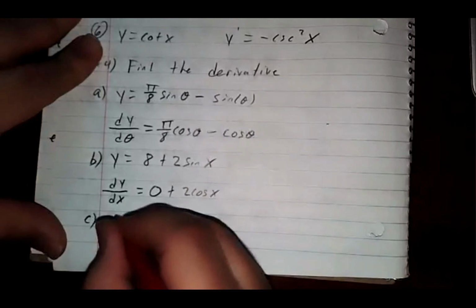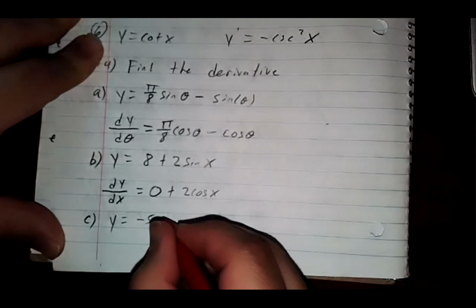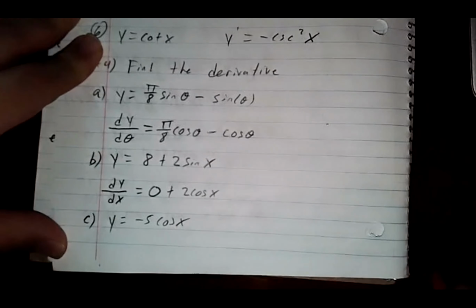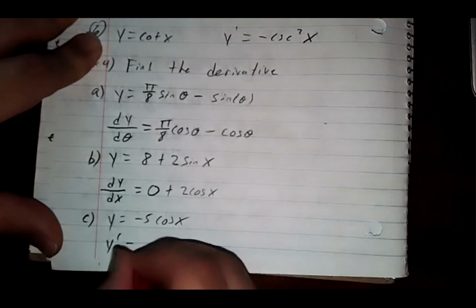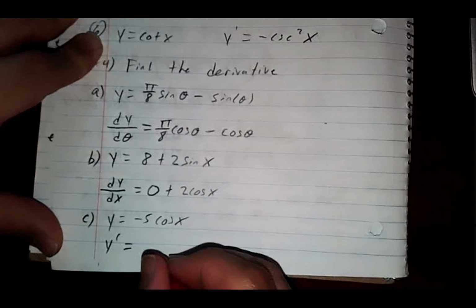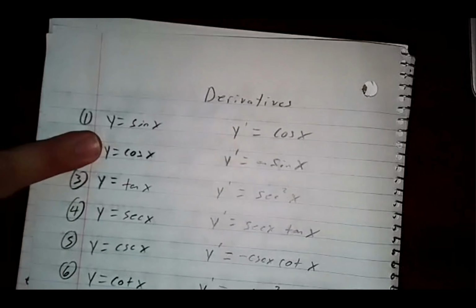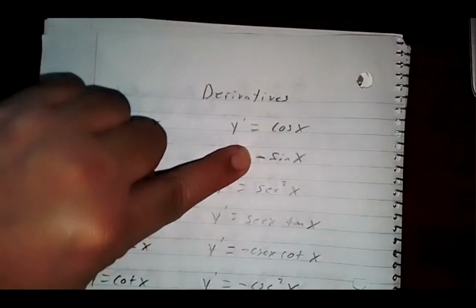Let's say y is equal to negative 5 cosine x. What would be the derivative? Derivative of cosine is negative sine x. So this cosine comes with an extra negative with it.